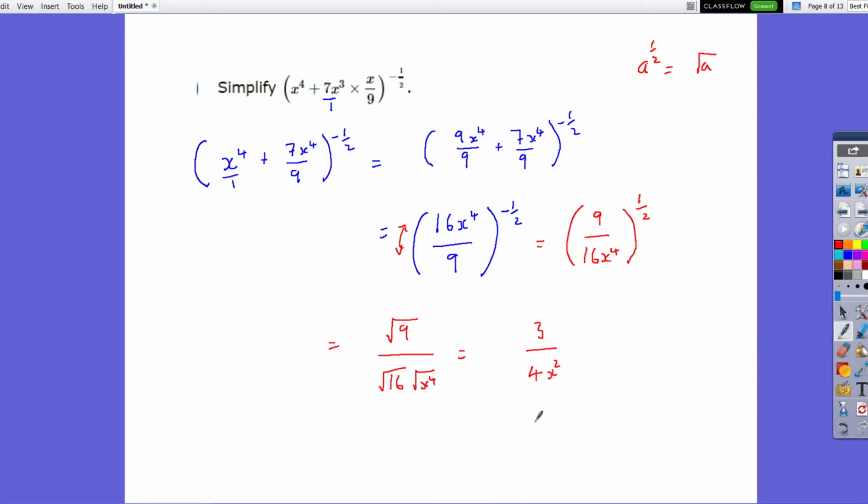So simplifying this, we end up with 3 over 4x squared, or if you want to rewrite this, 3/4 x to the power minus 2. Okay, right, let's have a look at some more questions.